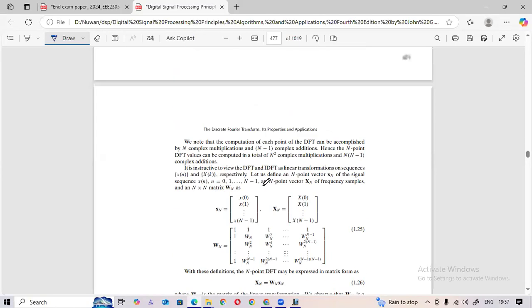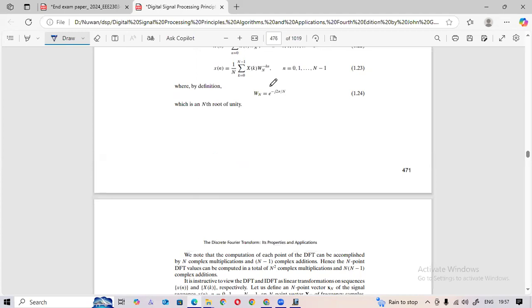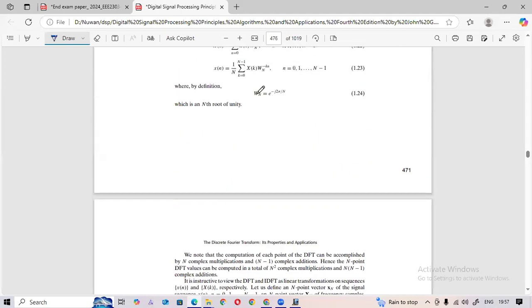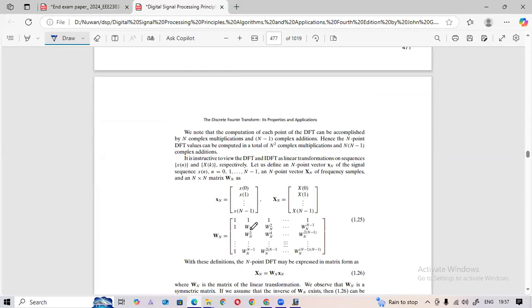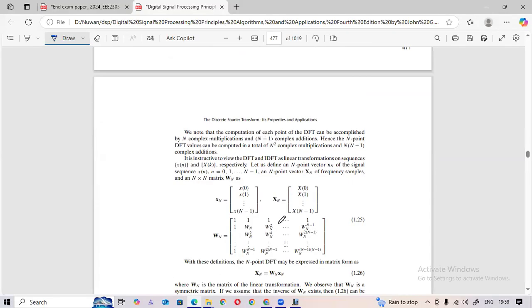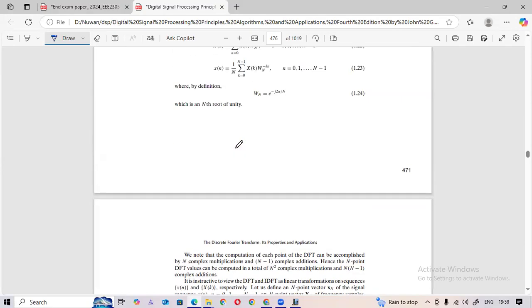You can calculate these using the values of omega N. For example, here this is omega N to the 1, which means e to the power j 2π divided by N. This one is omega N square, so you have to take the square of this.